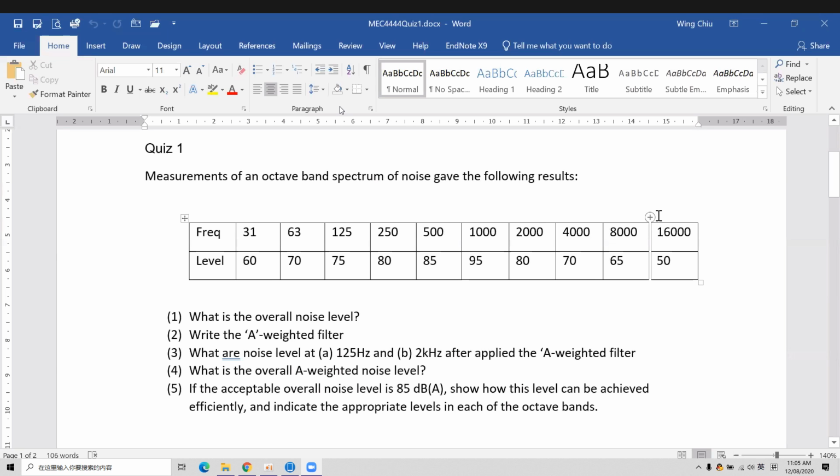So I will not say any more. If there are people with any questions, I'm happy to help. With regard to the A-weighted filter and being able to find the average noise level, I will refer you to the appropriate part of the lecture notes so that you will not get lost. Just give me a second.